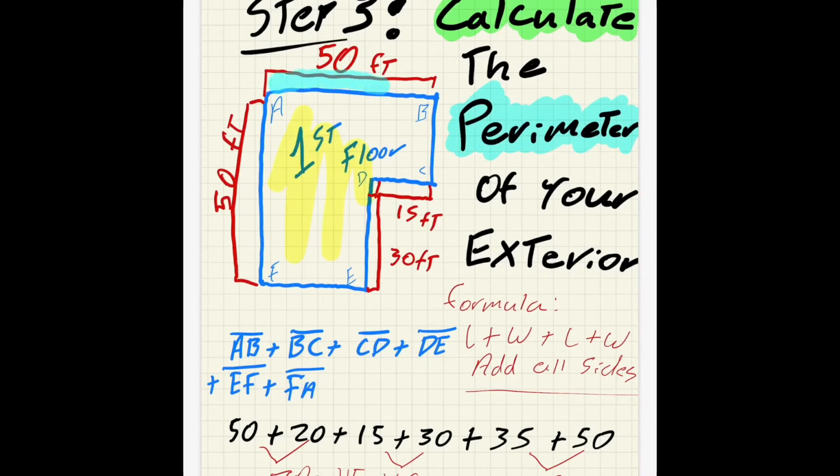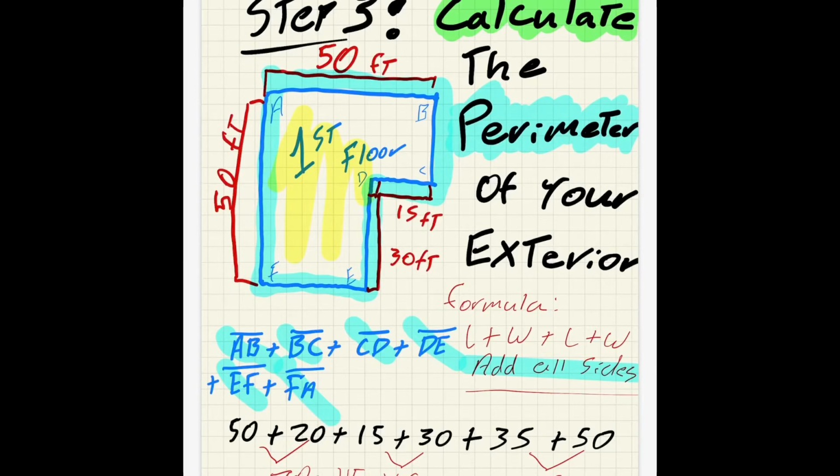Perimeter is if you were to trace the outside and walk all the way around, how long would that be? So your formula is length plus width plus length plus width, or add up all of your sides. I've written out here side AB, BC, CD, DE, EF, FA.